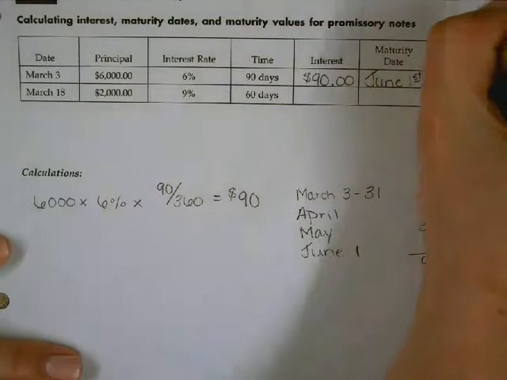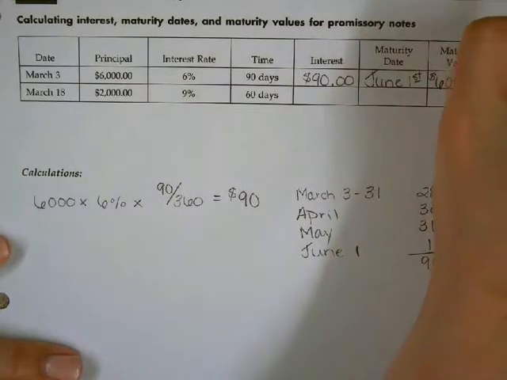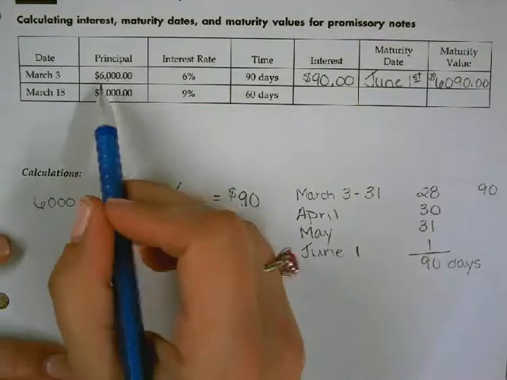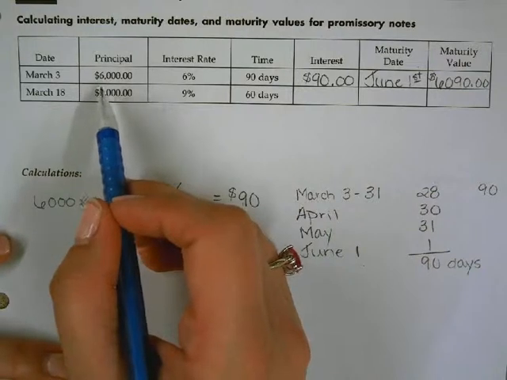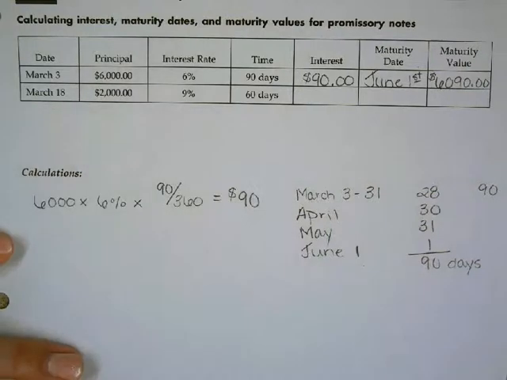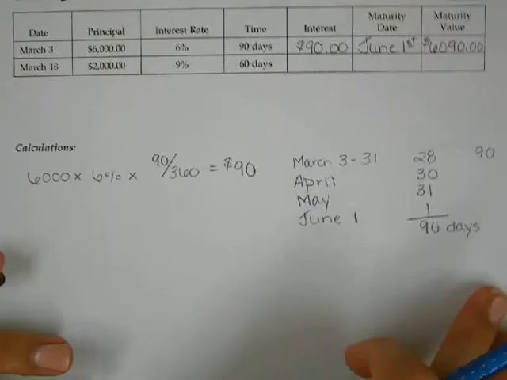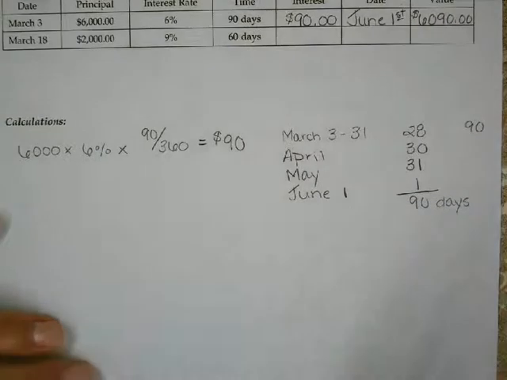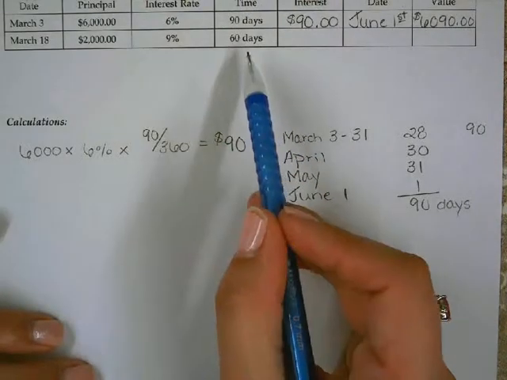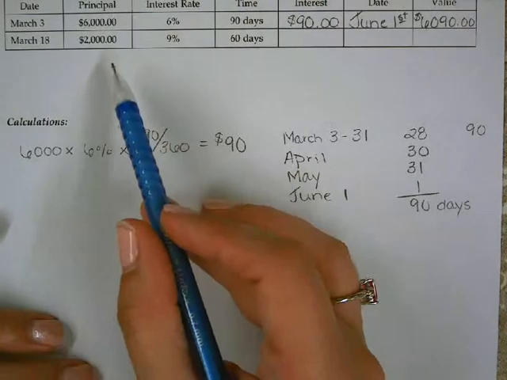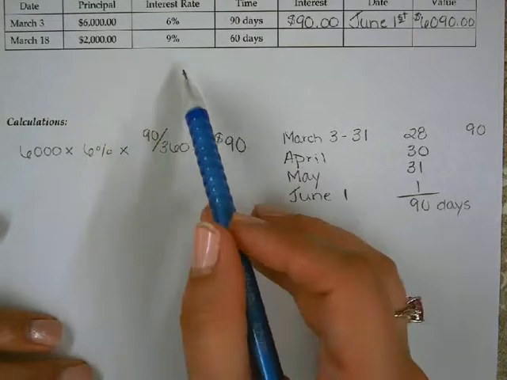This is a 60-day note. Our original was $2,000. We have a 9% interest rate on this note for 60 days. What are we going to do? How do we figure out our interest? 2,000 times 9%.